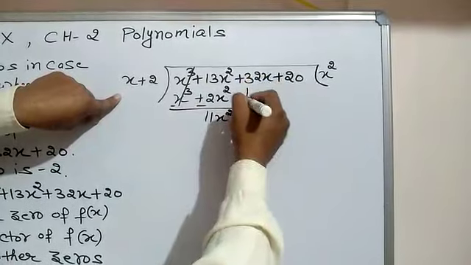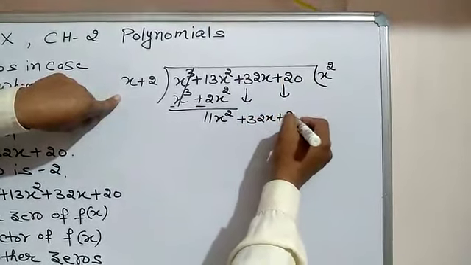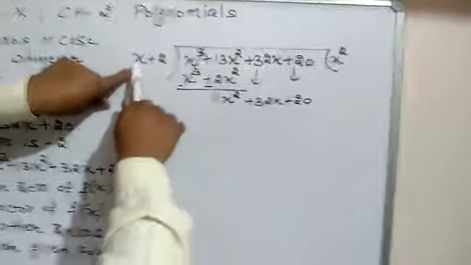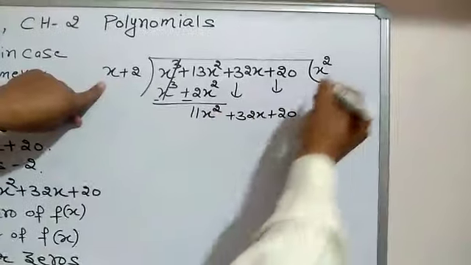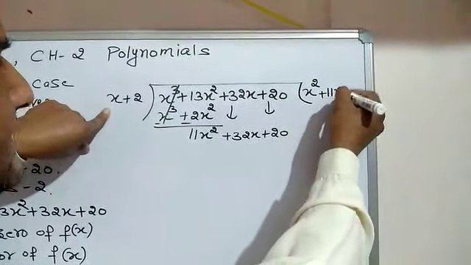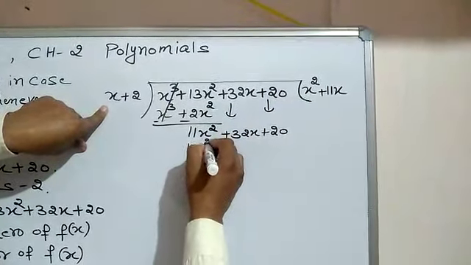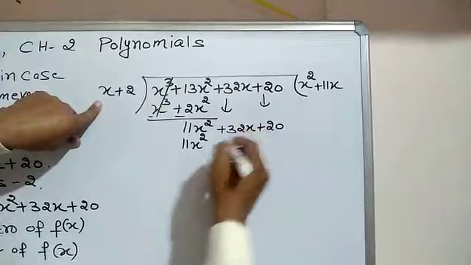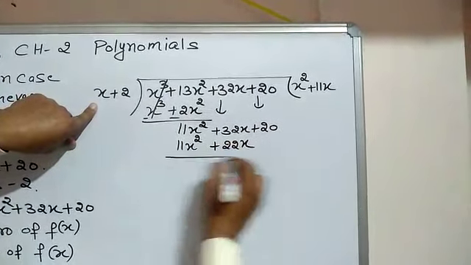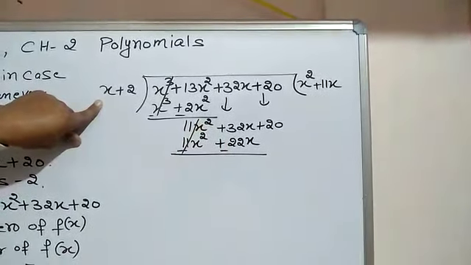Then 32x plus 20 comes down. So what is our next? Here we want 11x square, but here we have x, so multiply by 11x. x into 11x, we get 11x square. Then 2 into 11x, we get 22x. On subtraction, these two cancel.